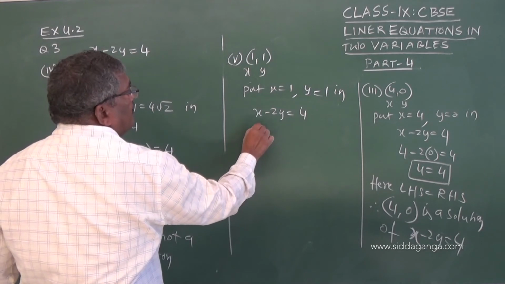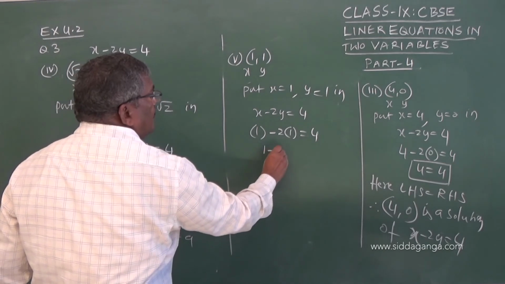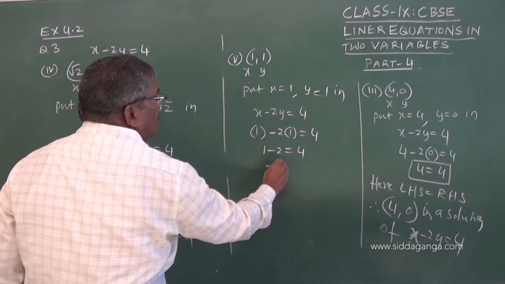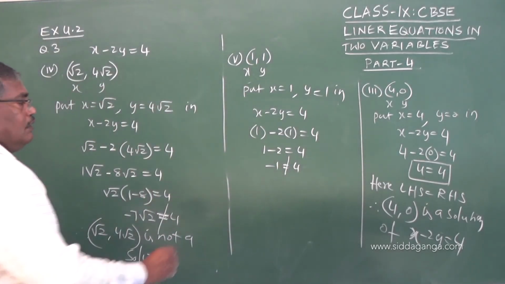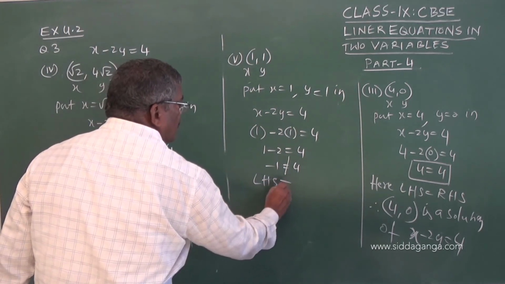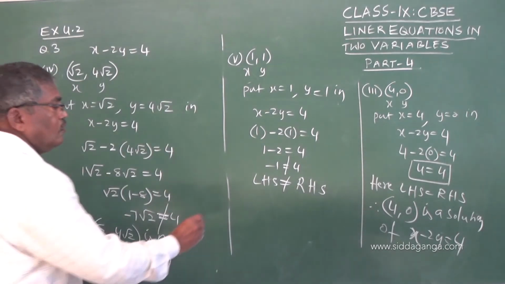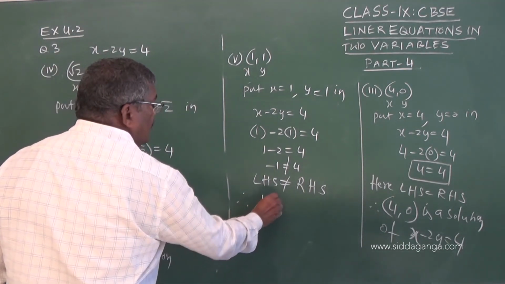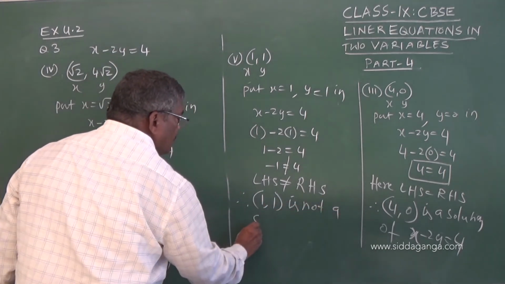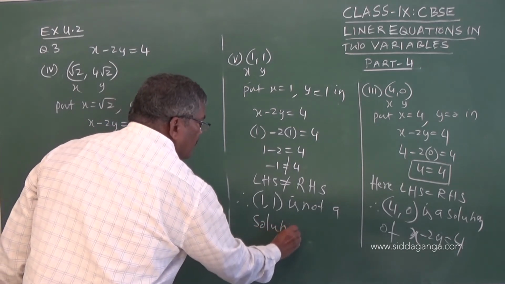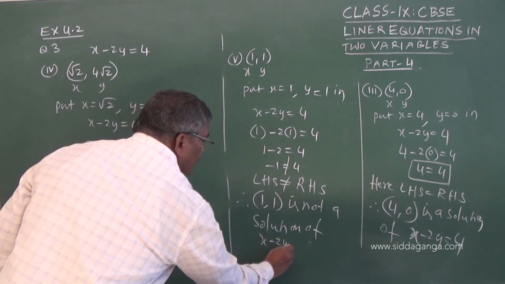So 1 minus 2 into 1 equals 4, 1 minus 2 equals 4, minus 1 equals 4. This is not possible, not equal. LHS not equal to RHS. Therefore, (1, 1) is not a solution of x minus 2y equals 4.